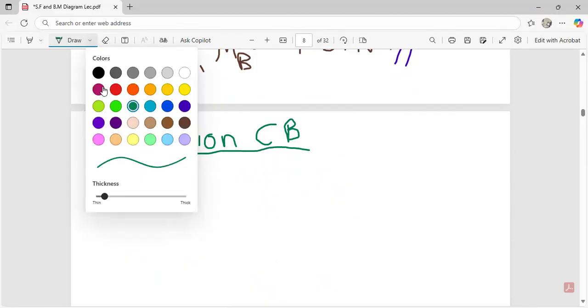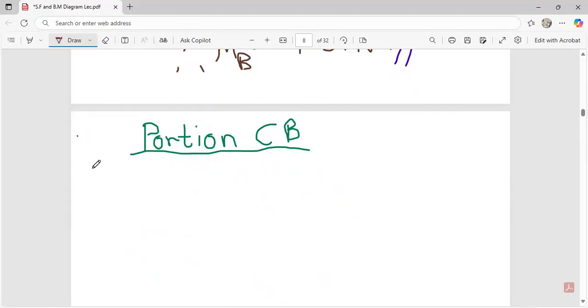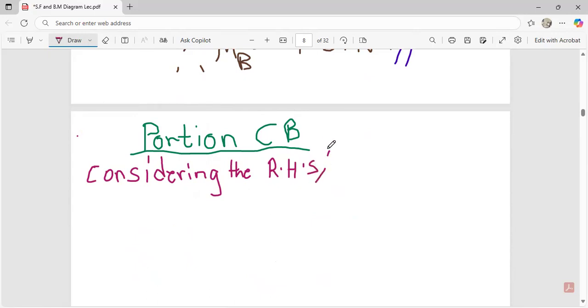So we write: considering the right-hand side.